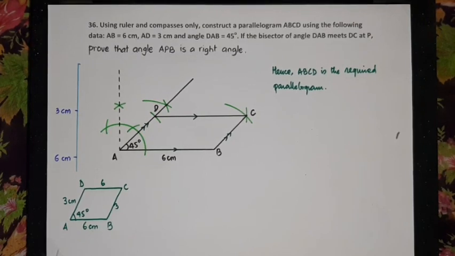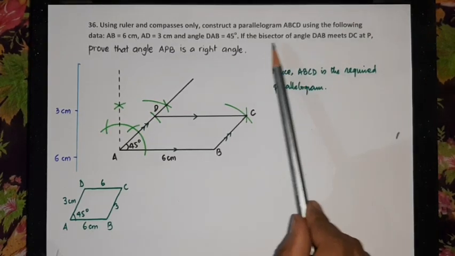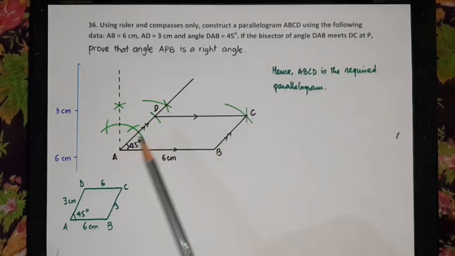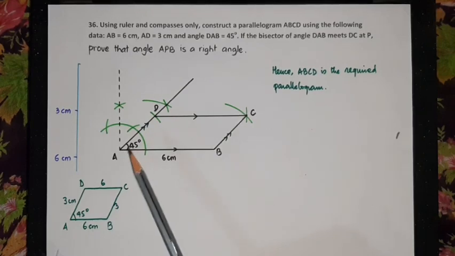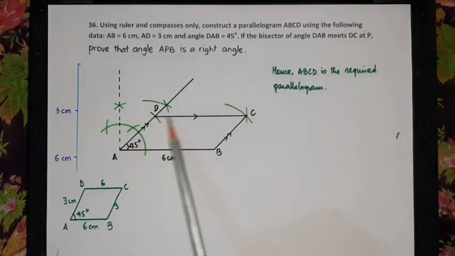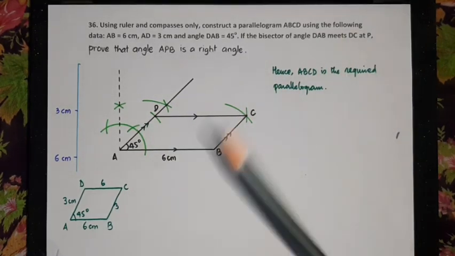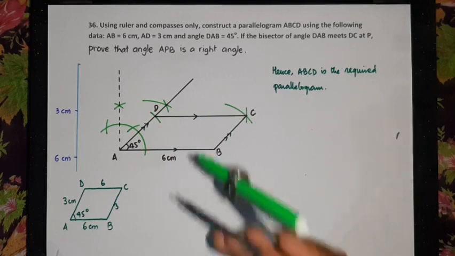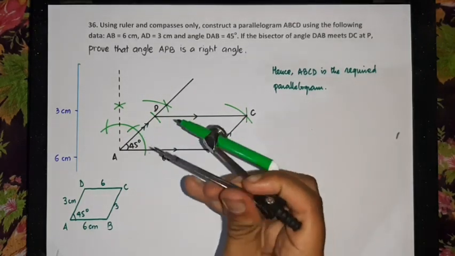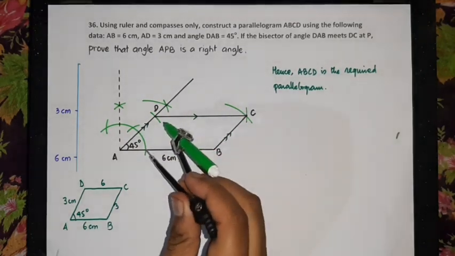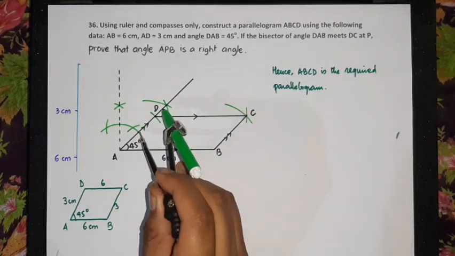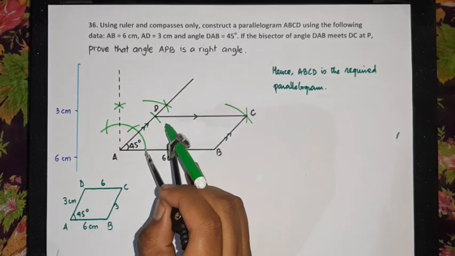Now there is a next part which says, if the bisector of angle DAB, so this is my DAB, we need to bisect this. And the bisector meets DC, that is this line, at point P. So let us quickly draw the bisector of angle DAB. Now to draw the bisector, we know that we will keep our compass here and here. These two are the lines which are forming 45 degrees.